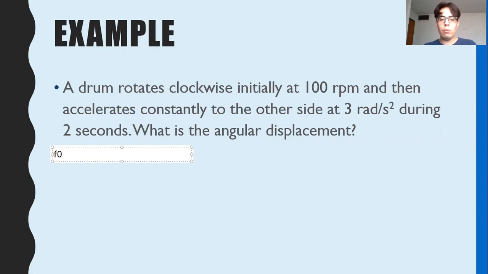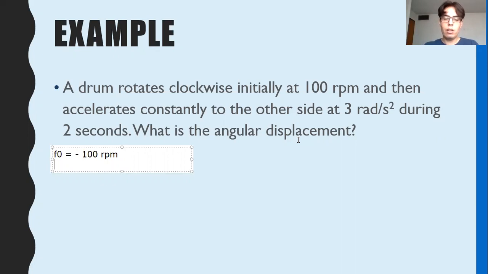An angular frequency of 100 revolutions per minute. Before we move forward, if it is being moved clockwise, it is gonna have a negative sign, right? And then it accelerates constantly to the other side, so it is gonna be positive.